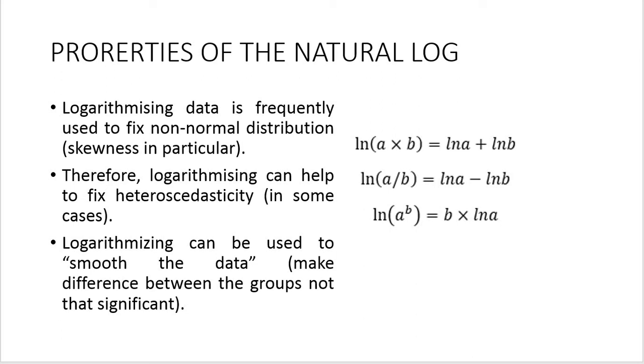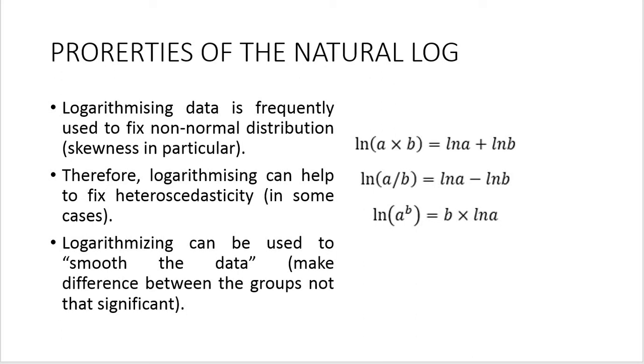So logarithmizing, or taking the natural logarithm of data, is frequently used to fix non-normal distribution. You do not know this at this point, but logarithmizing can also help to fix heteroscedasticity, because one of the reasons behind heteroscedasticity is asymmetrically distributed data, skewed to the right or to the left.